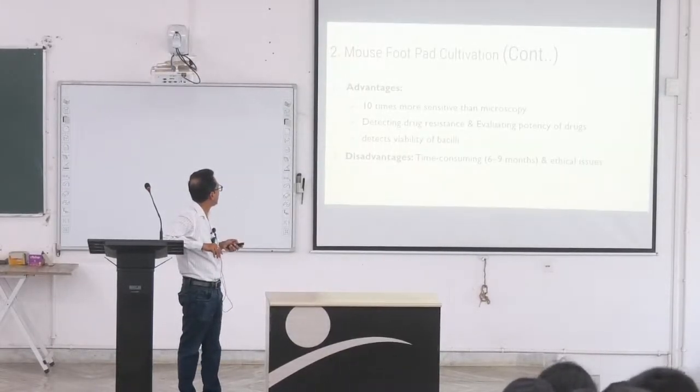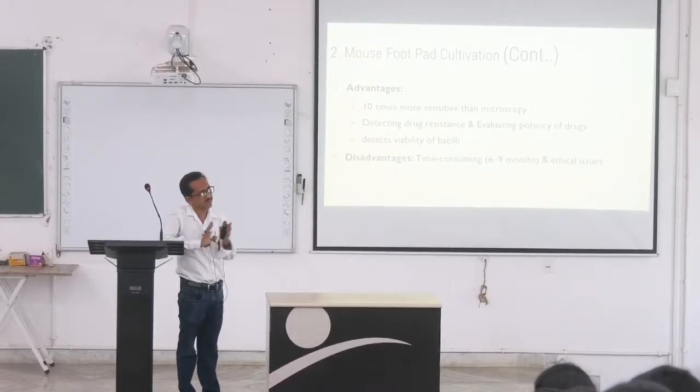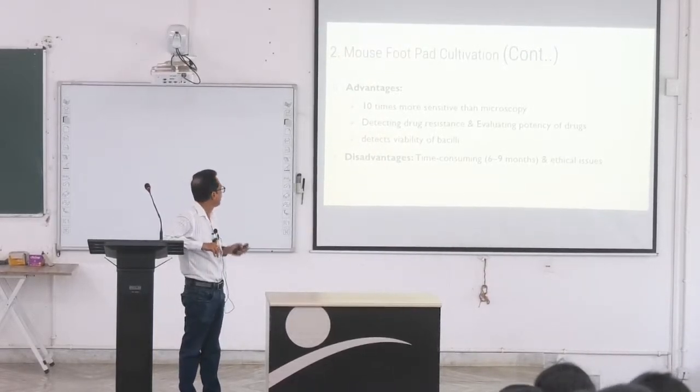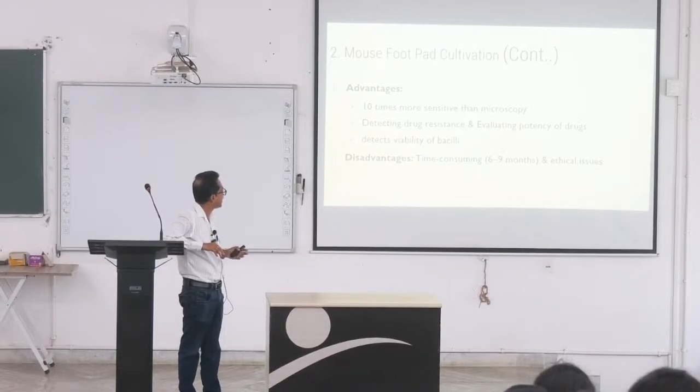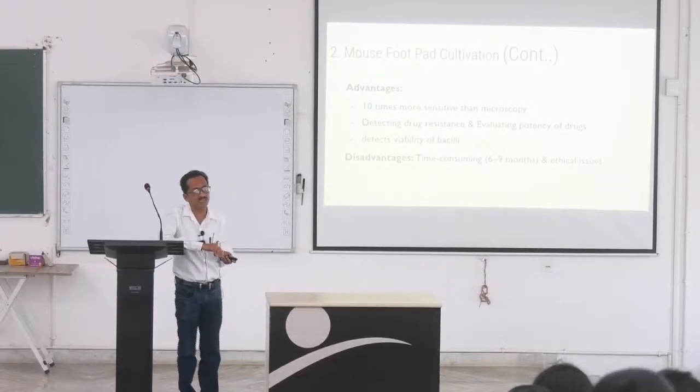What is the advantage of mouse foot pad cultivation? It is 10 times more sensitive than microscopy, detects drug resistance, evaluates the potency of the drug, and detects viability of the bacilli. How does it detect viability?